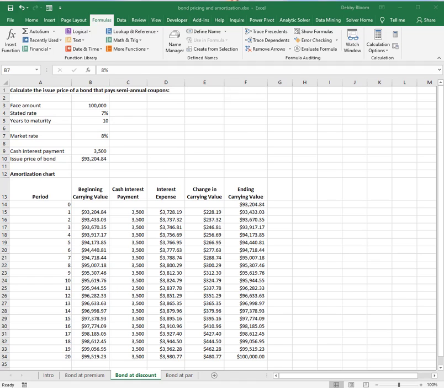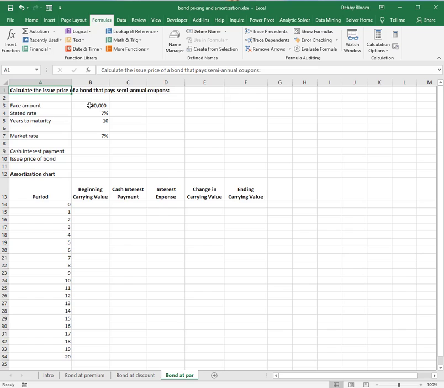Now let's see what will happen to the price of a bond if the market rate equals the stated rate. In this example, we still have a face amount of $100,000, a stated rate of 7%, 10 years to maturity, but now our market rate of 7% is equal to the stated rate.